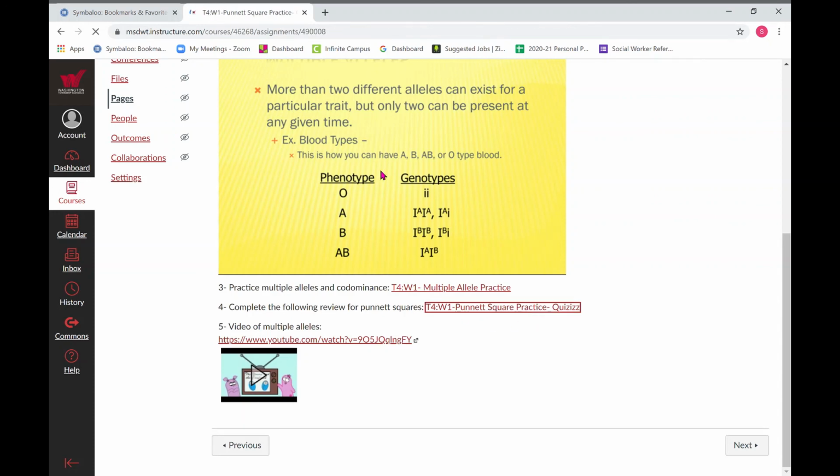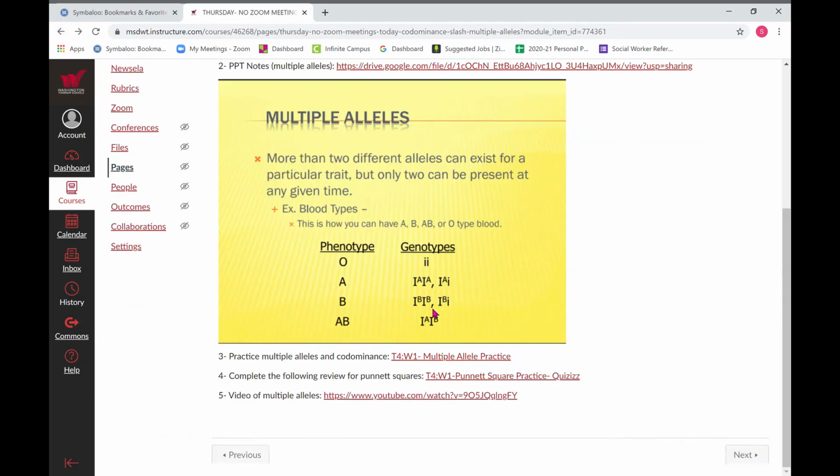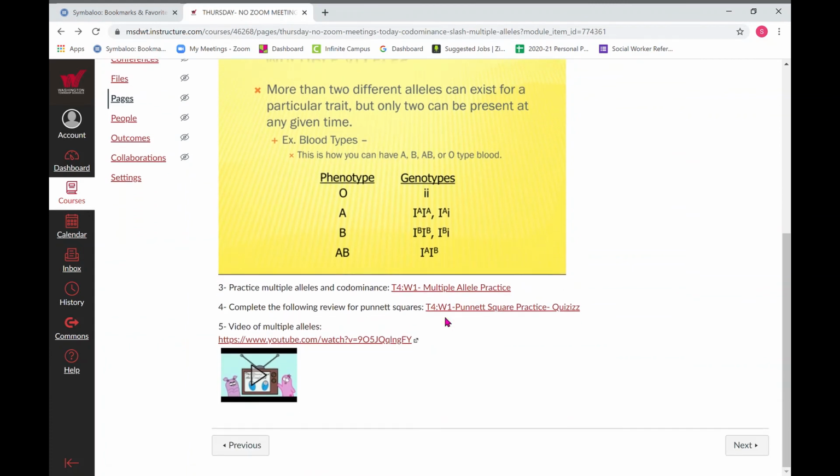You're going to take these quizzes, screenshot each of your scores. I need to see percentages, please, or how many you got right out of how many. Percentages would be best for me, so I can write that down. Whatever works for you, just send me your scores.